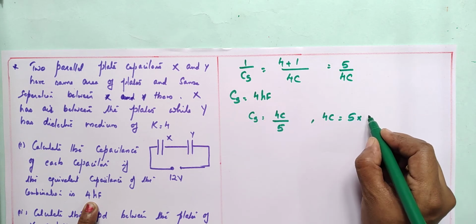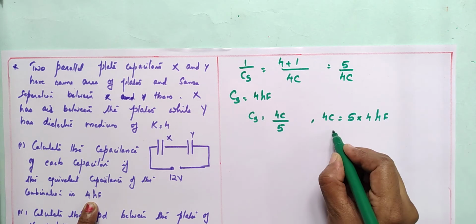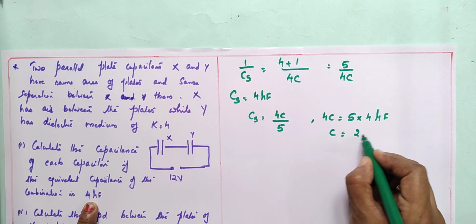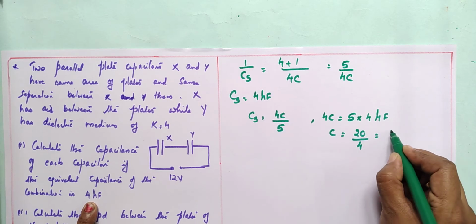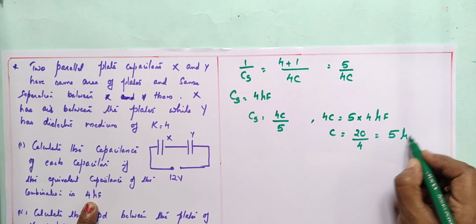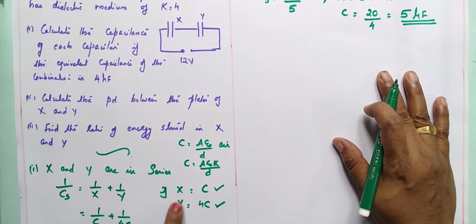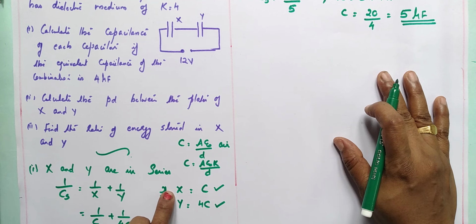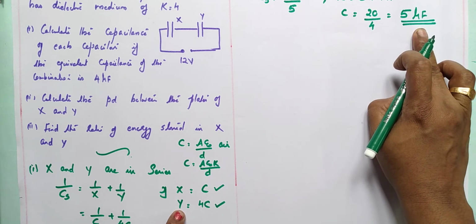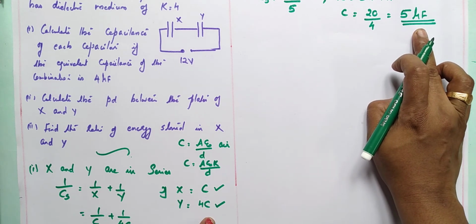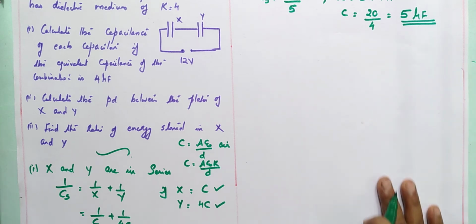What is Cs? 4 microfarad. So what is the value of C? 20 divided by 4, that is equal to 5 microfarad. So X is equal to C, we have taken, no? So X is equal to 5 microfarad, and what is the value of Y? Y equal to 4C, that is equal to 20 microfarad.